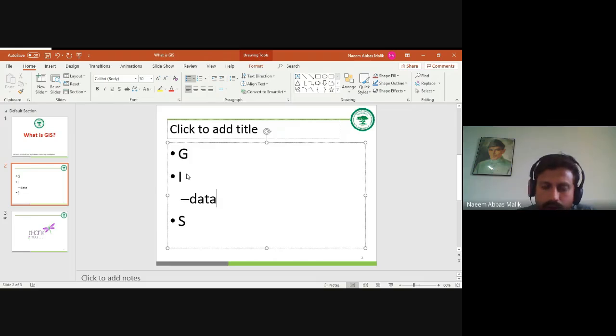Similarly, when we go towards system, I stands for information, and you know the difference between information and data. Then comes the system. As you know, a system is comprised of different components.